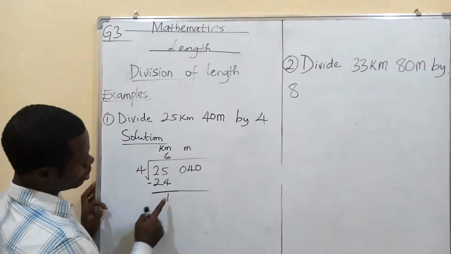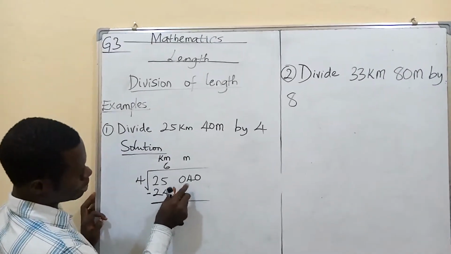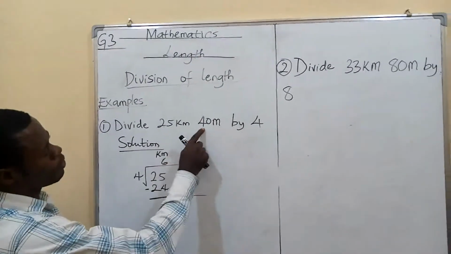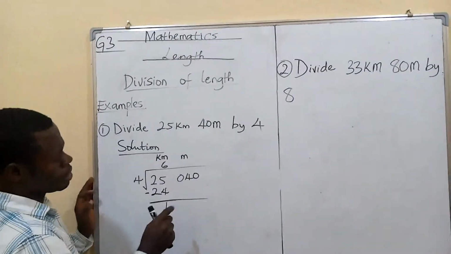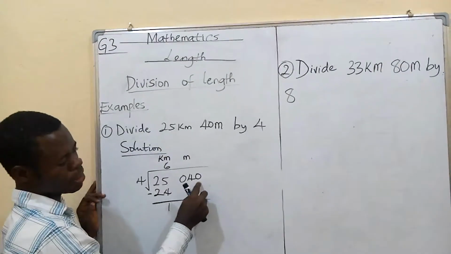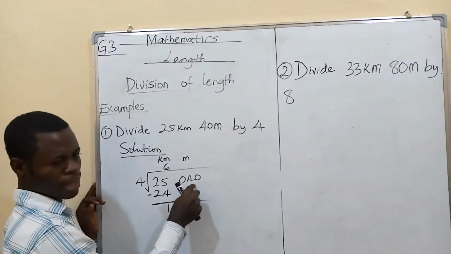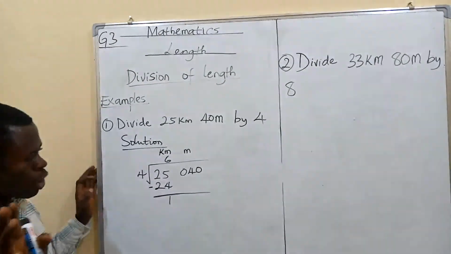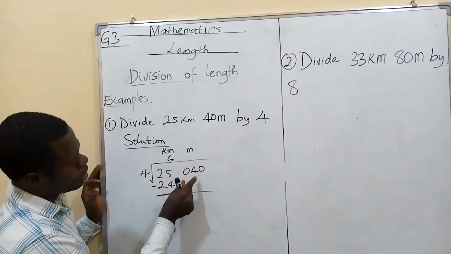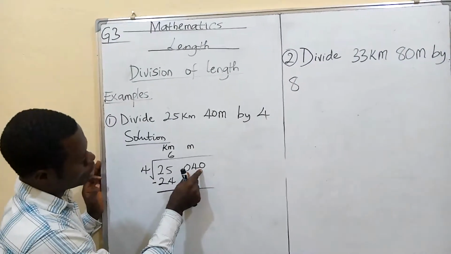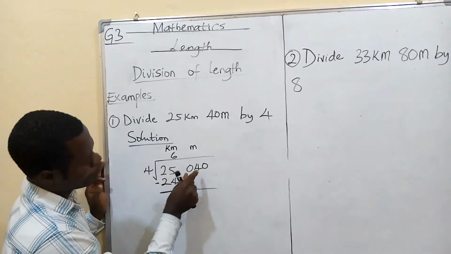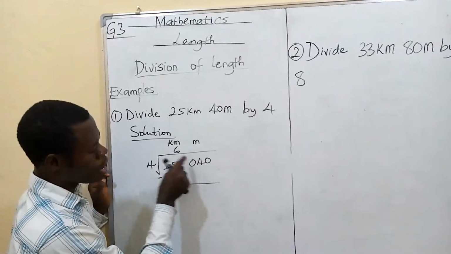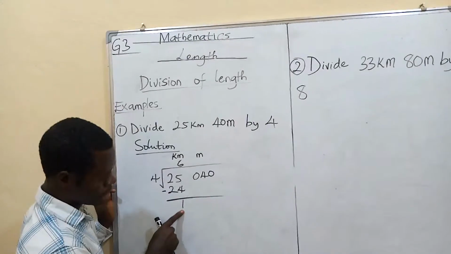Before we continue, I want you to know that 40 meters is the same as 0.40 meters. This 0 is needed for you to understand that you need 1,000 meters to get 1 kilometer.